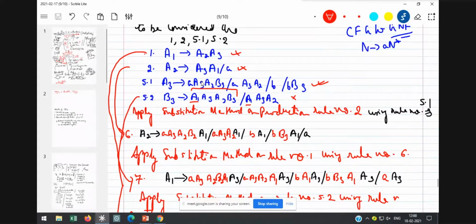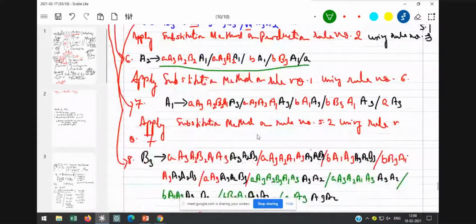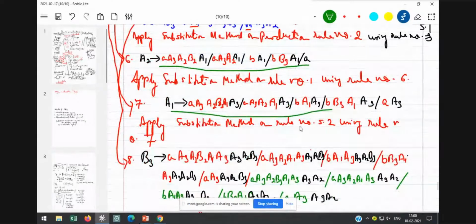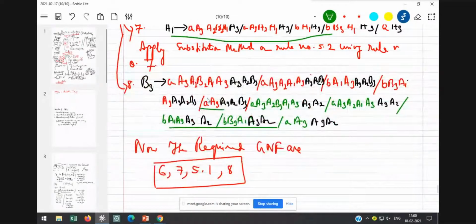Now these are all in GNF form: terminal followed by a series of non-terminals, terminal followed by non-terminal. These are also in GNF form, and these are our required GNF.